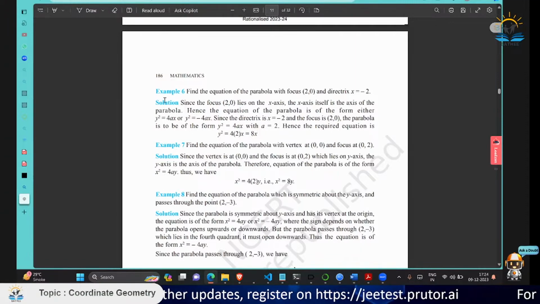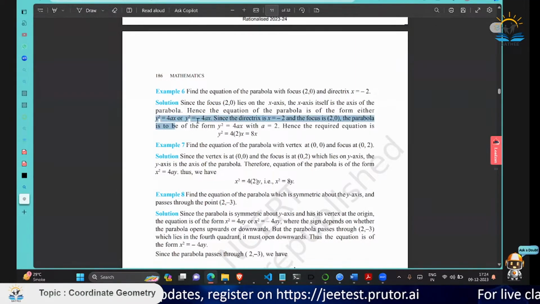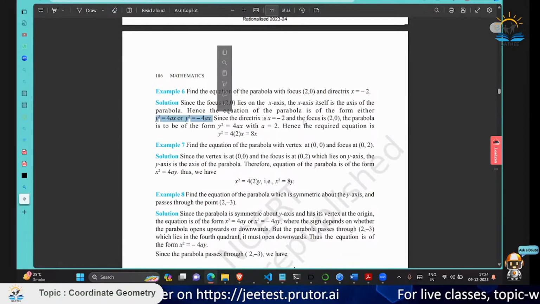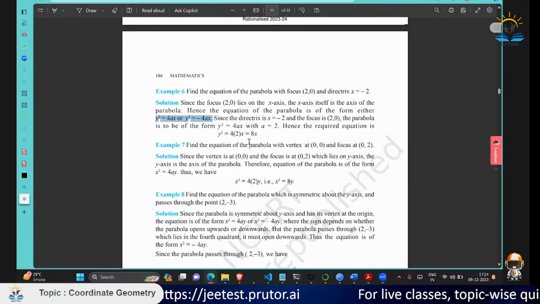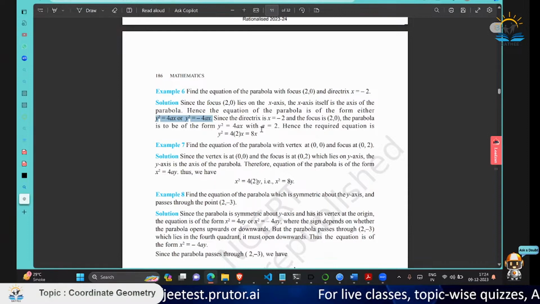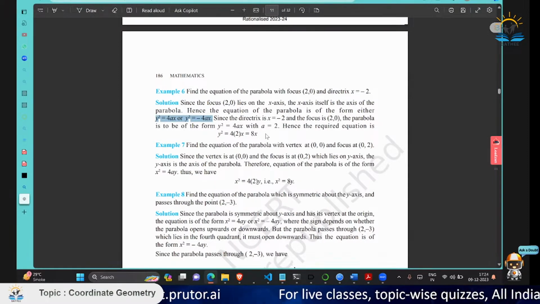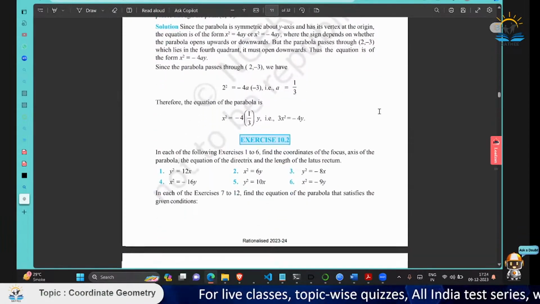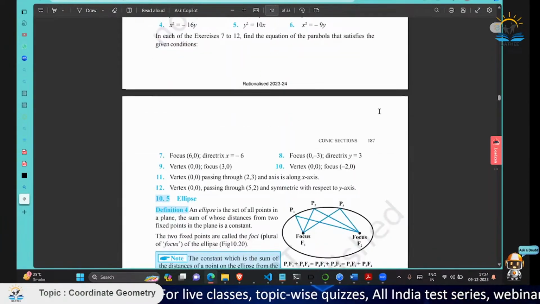So again, it would be either y square equal to 4ax or -4ax. Since the directrix is x equal to -2, it is of the form y square equal to 4ax, and a is equal to 2, so we get y square equal to 8x. Fine, just an application of this formula.